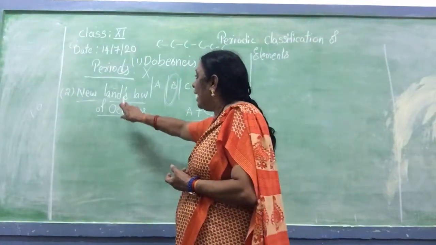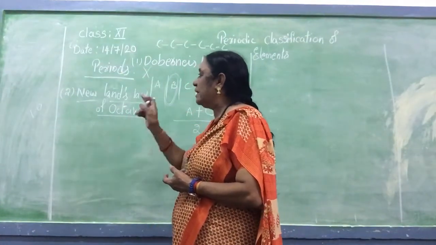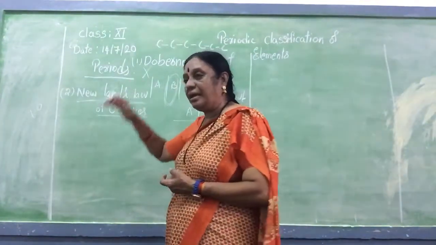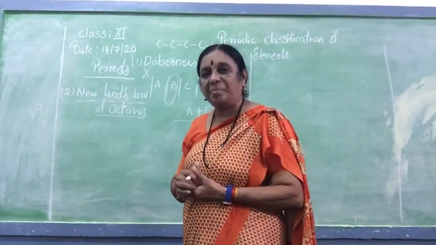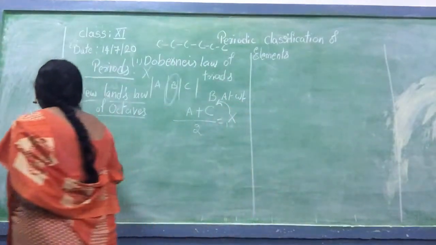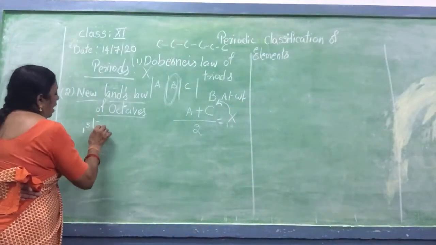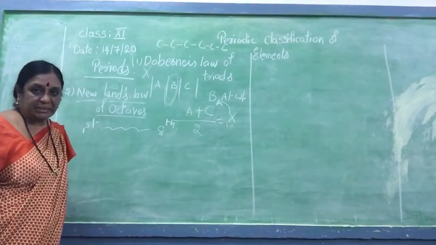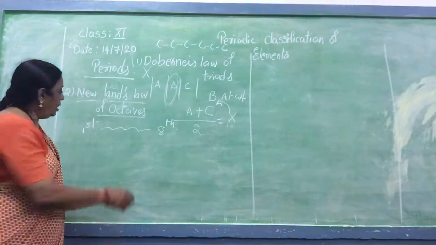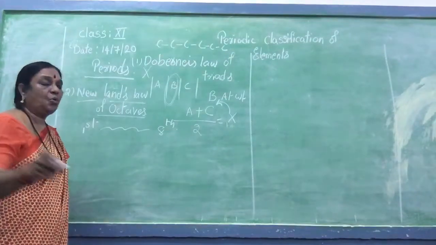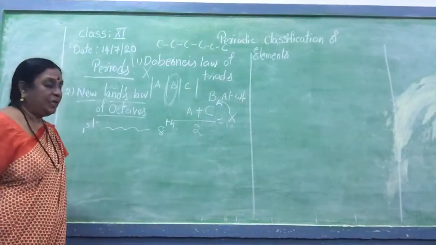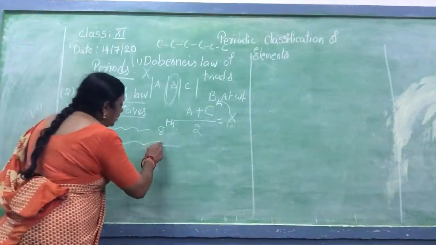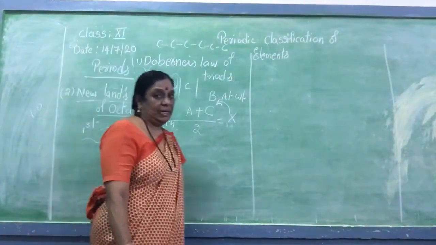Here also, according to him, when the elements are arranged in the increasing order of their atomic weight, the properties of the first element will be similar to the 8th element. Okay, children? Just like in music, the first note and the 8th note are the same. Here also, the properties of the first element are similar to the 8th element.